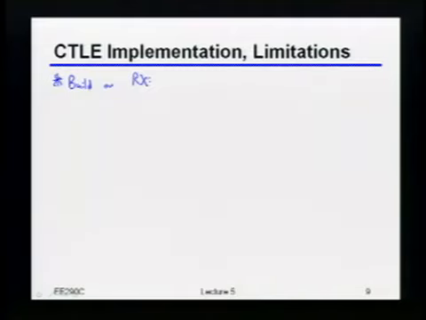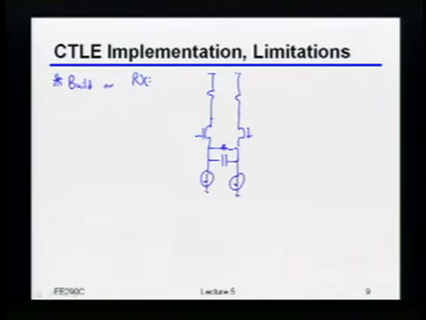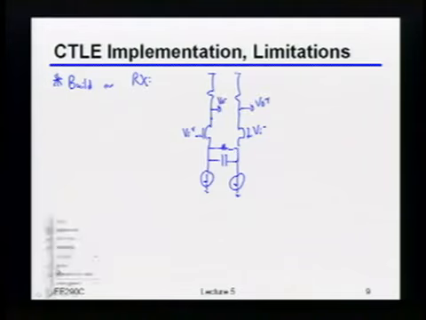And again, just as a reminder, there are lots of different ways you can do it, but one of the most common ones looks something like the following. What you basically do is degenerate some differential pair. Let's call that VI plus, VI minus, VO minus, VO plus. The idea here is that at low frequencies, the gain is degenerated by that resistor, so you have less gain than you might have otherwise had.